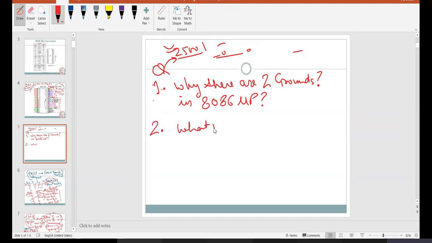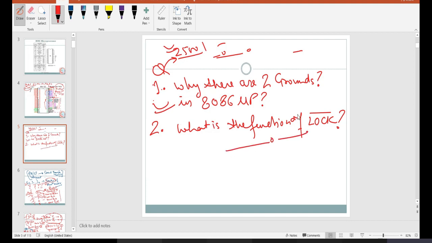And what is the function of lock? These two things I left intentionally. There are two grounds in the 8086 microprocessor, and what is the function of lock? Fine. So be prepared with your answers. This is what I'll be asking you next time as the first thing.